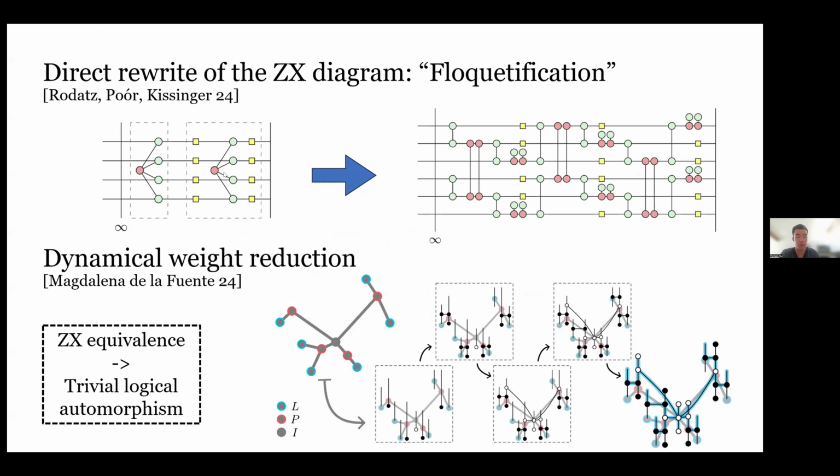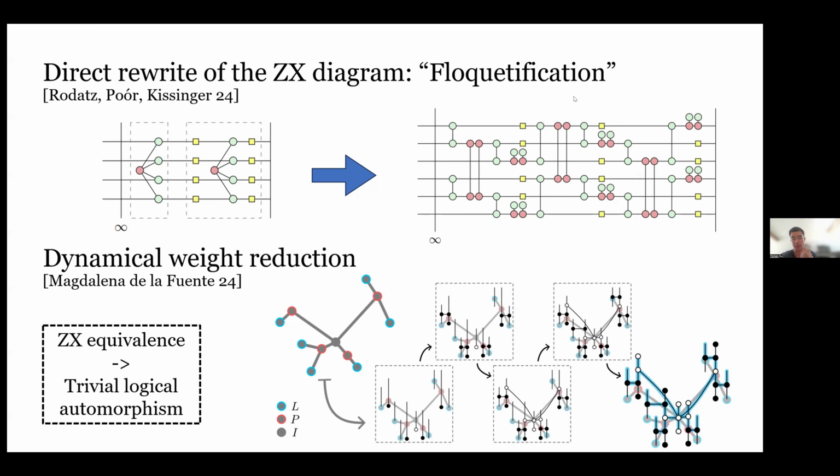What these works did is essentially just that: they try to rewrite the exact circuit that's shown in the previous slide. The aim of these rewrites is to bring the syndrome extraction circuit to something that is carried out by pairwise measurement of either X or Z, right?